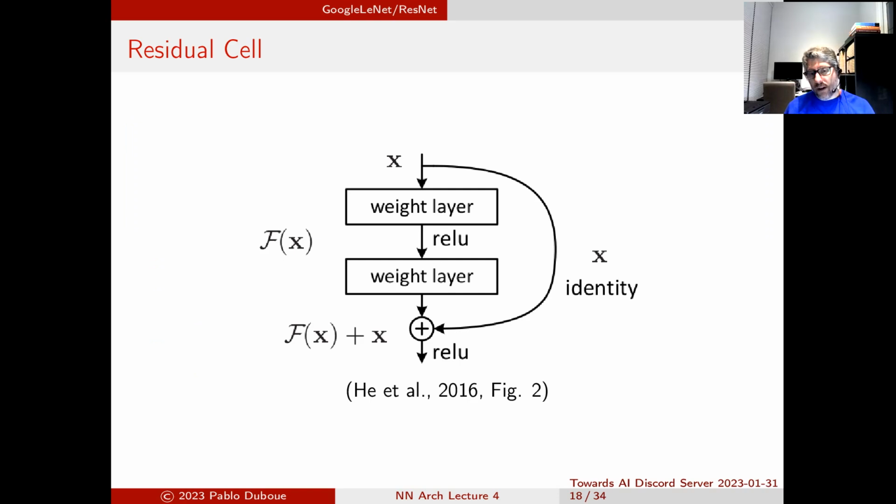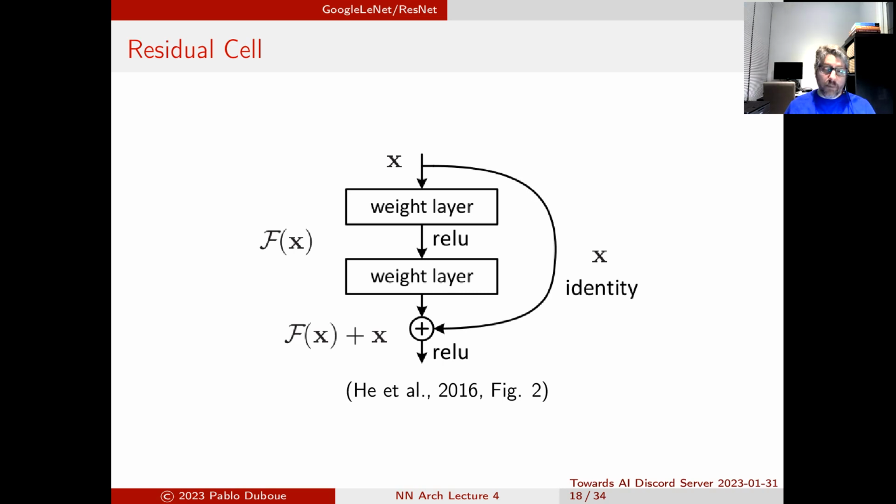So this is how the residual cell looks like. We have the regular weight layer with a ReLU, and then another weight layer with a ReLU, and then we simply perform an addition of the original value. When you look at this change from the perspective of backpropagation, the layers no longer have to learn the output function, but they have to learn the difference between this value and the target.